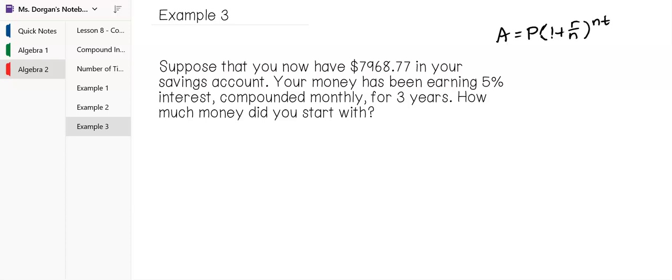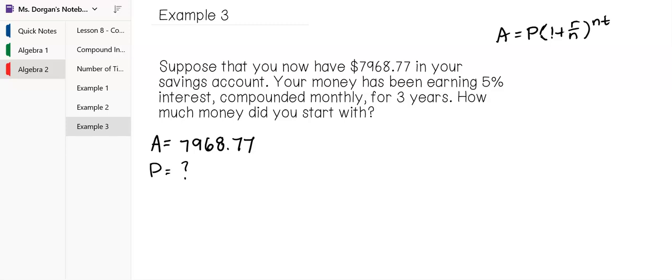Okay, so let's go ahead and label all of our various parts here. We've got A. So that is the amount in the account after T time periods. So it says now that you have $7,968.77 in your account. That is what your A value is going to be. Okay, our principal amount, how much we started with, that is what we want to find out.